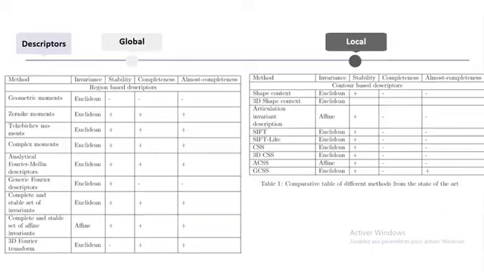So for descriptors, if you were trying to read the second section in this paper, which is the related works, I'm going to summarize this now. The authors were discussing the types of descriptors existing in the literature, which are global descriptors and local ones. For global descriptors, they were focusing mainly on region-based descriptors, such as the moments.